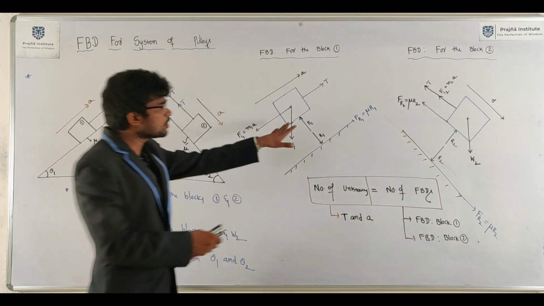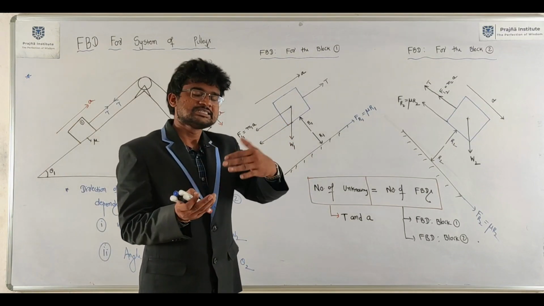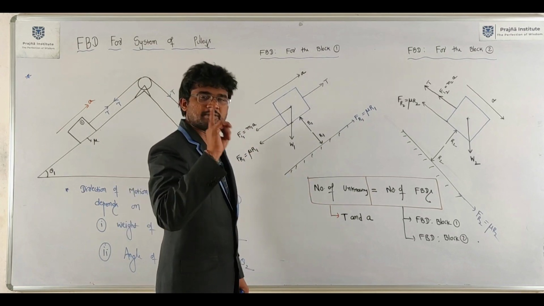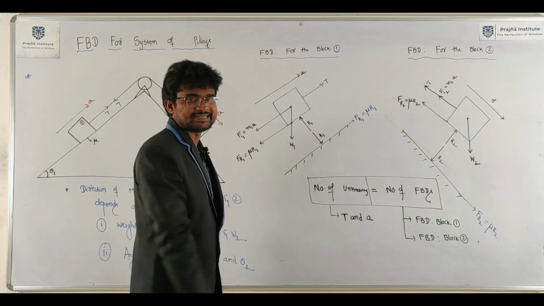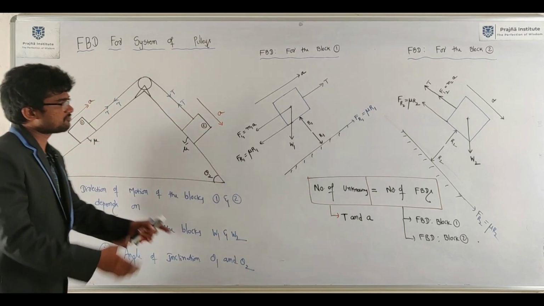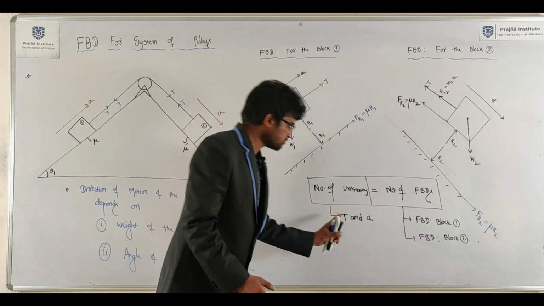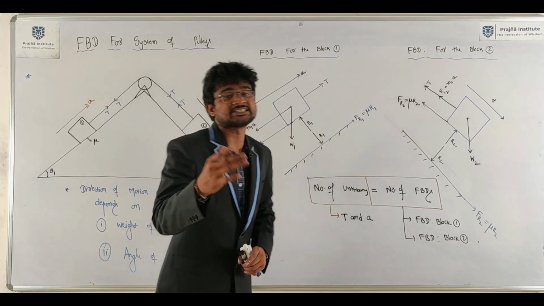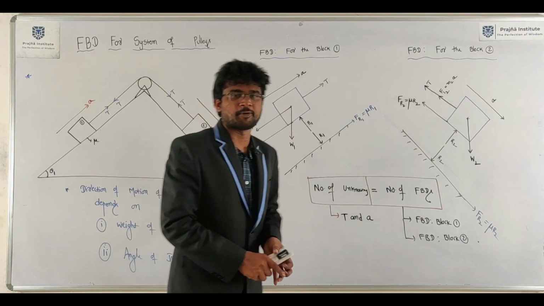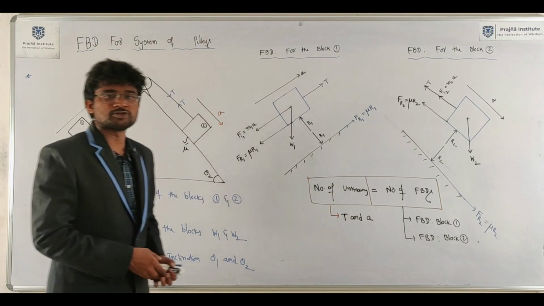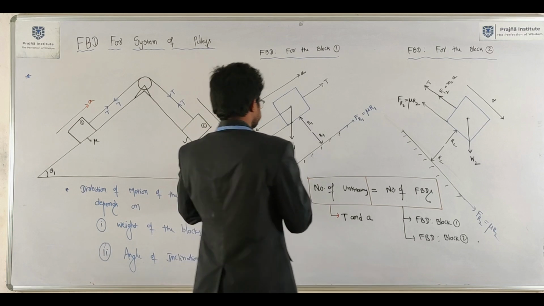Even though you have sigma H equal to 0 and sigma V equal to 0, once you combine them it finally becomes one equation only. We have already seen it. So this is the free body diagram and this is the procedure to derive an expression for tension in the string and acceleration of the blocks. So if there is any numerical problem, you are in a position to solve it.